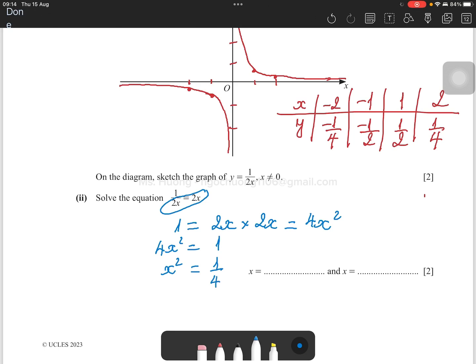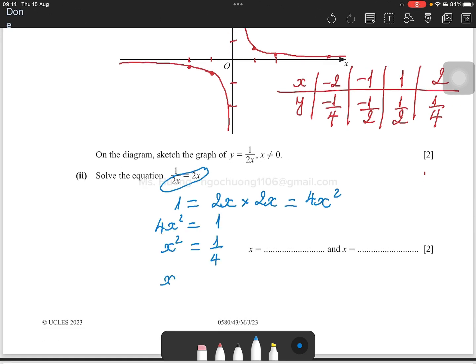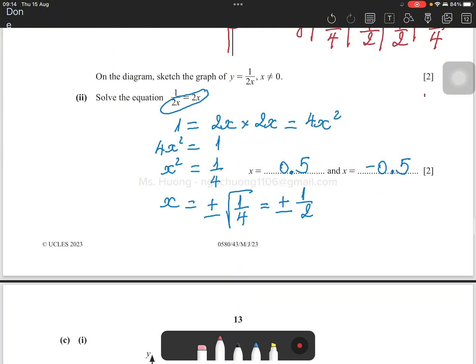We divide both sides by 4. Then x is equal to positive and negative the square root of 1 over 4, which is positive and negative 1/2. So positive 1/2 is 0.5 and negative 1/2 is negative 0.5.